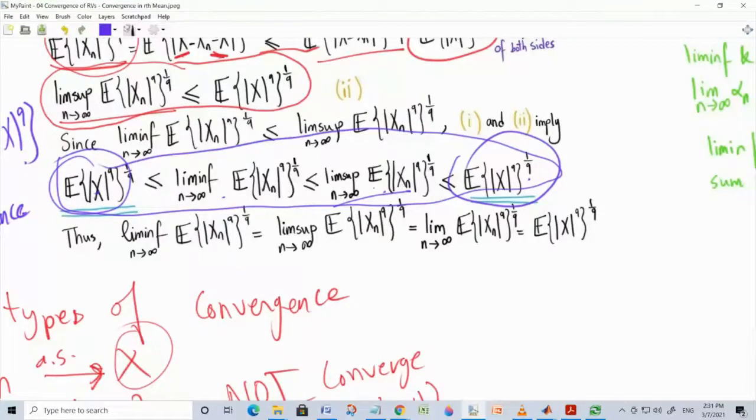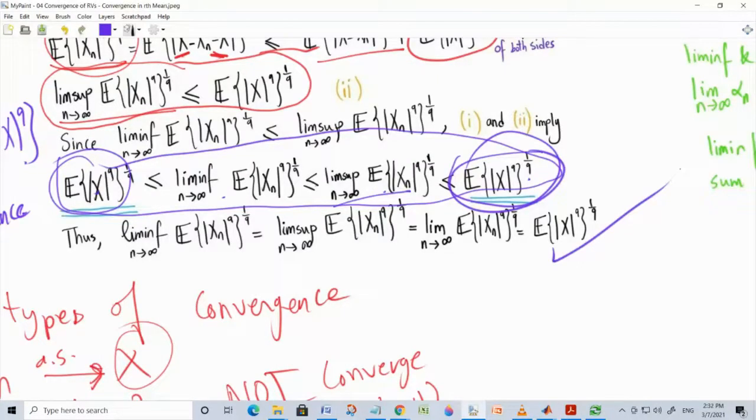So you can show the existence of the limit by showing that limit infimum is equal to limit supremum. The trick here was to upper bound the limit supremum and lower bound the limit infimum by the exact same quantity. So it must be the case that limit infimum is equal to limit supremum, and so the limit exists. And what is the limit equal to? It is equal to this guy here.